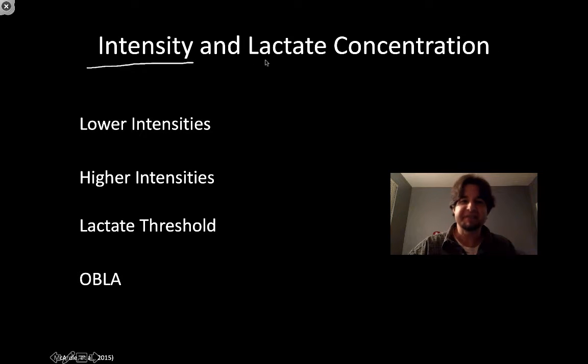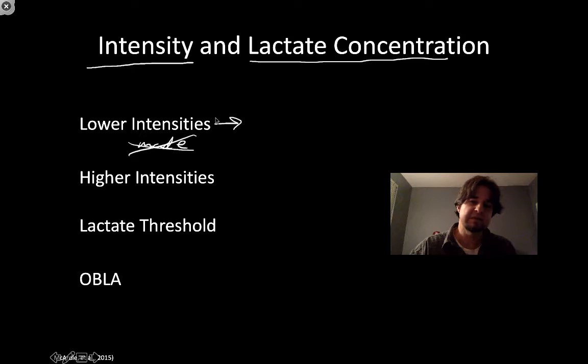Keeping on this train of intensity and lactate concentration, at low intensities in exercise, really whatever's made in terms of lactate is going to also be used in the Cori cycle. So we're not going to see an overall increase at lower to moderate intensity levels of exercise. However, at higher intensities, well, higher intensities require higher energy demand, and higher energy demand is also going to make higher oxygen consumption, which we just went through.